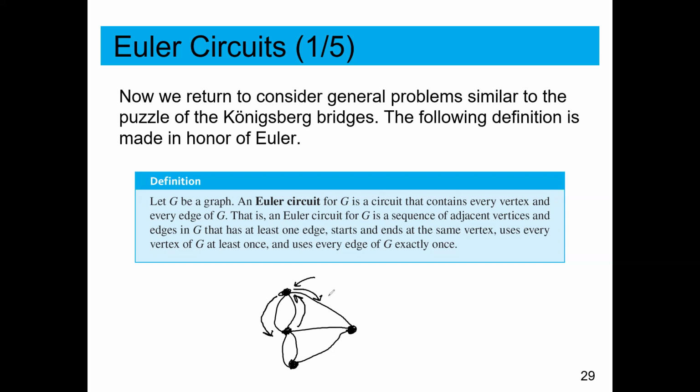And notice if I do that, it's completely impossible to return a final time, which means the only way, if I have to use every edge, is that for every edge I come in on, there has to be an edge that goes out, and for every edge I go out on, there has to be an edge that comes back in. In other words, it has to have an even number of edges at each vertex, or as we call that, an even degree.